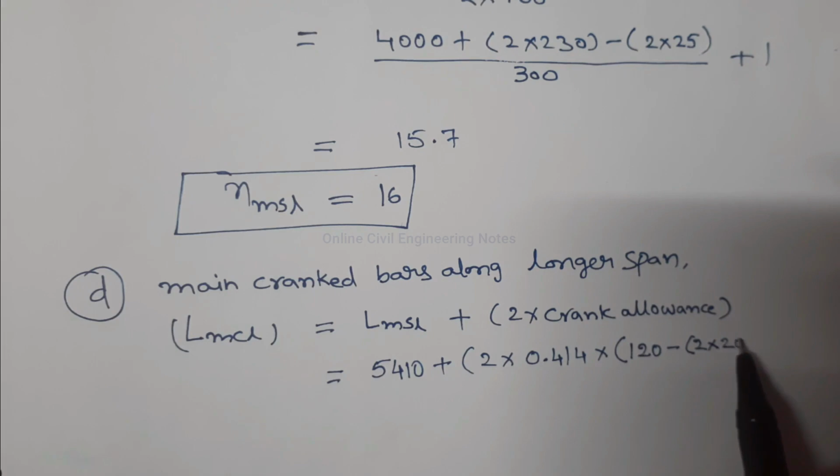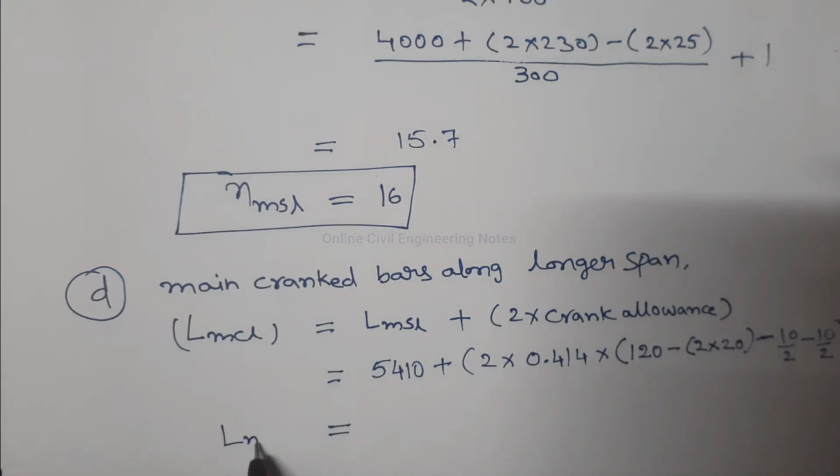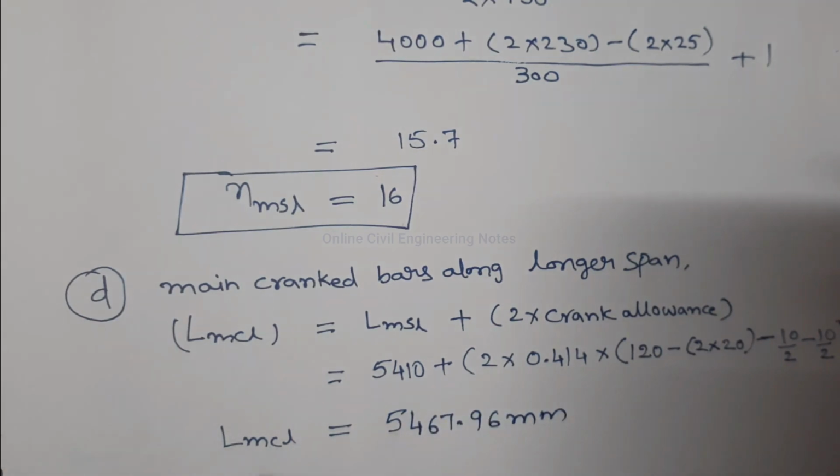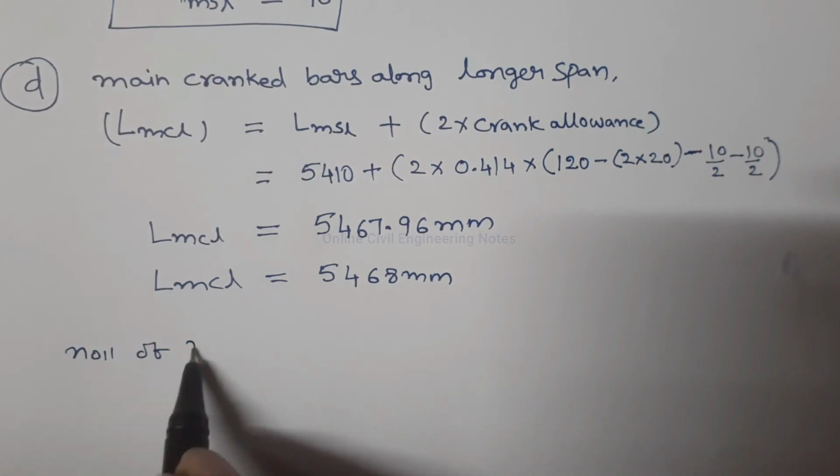Therefore, you can write 2 into 20 minus diameter by 2 minus diameter by 2. Here, main straight bar and cranked bar diameter is 10 mm in the longer span direction. Therefore, length of main cranked bar along longer span is equal to 5467.96 mm. You can write it as 5468 mm.